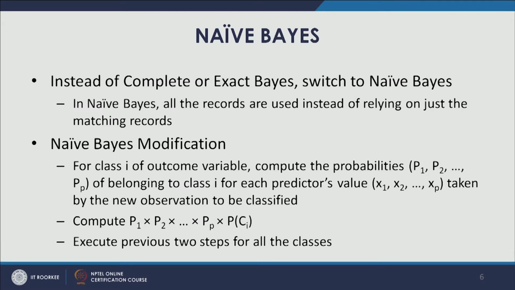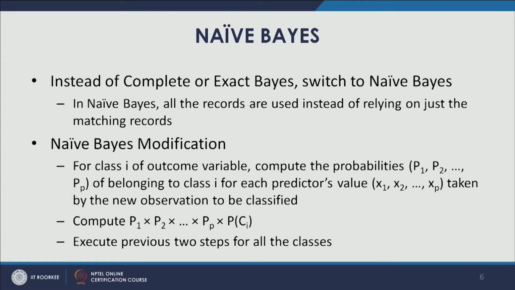For class i of outcome variable we compute the probabilities P1, P2 up to Pp, that is, we have p predictors, so we are computing p probabilities. We compute the probabilities of belonging to class i for each predictor's value.